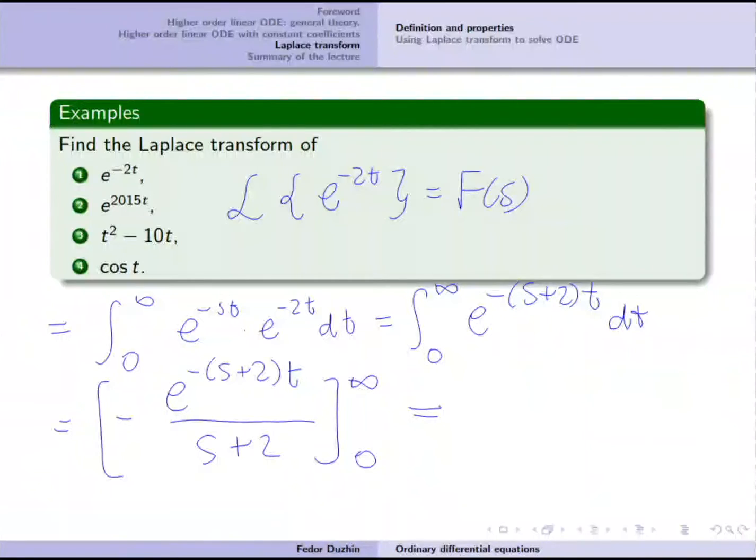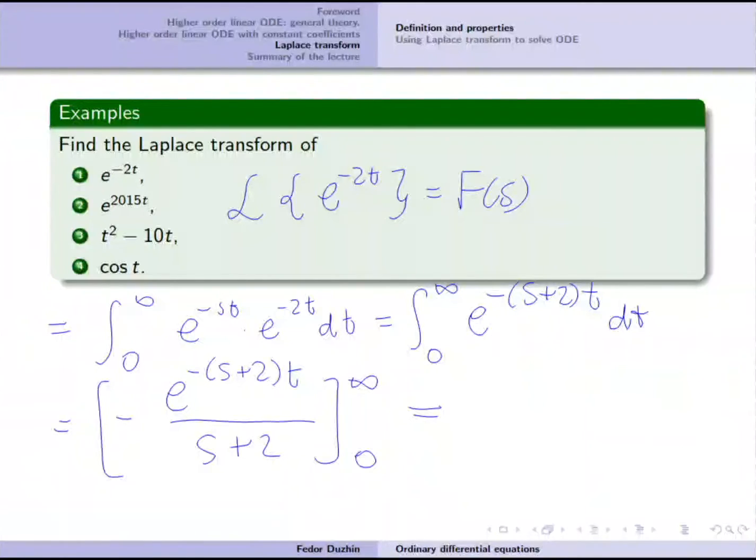But if s plus 2 is non-positive, then the limit of e to the minus (s plus 2)t, when t goes to infinity, doesn't approach 0, and it either approaches infinity or it just remains to be 1.